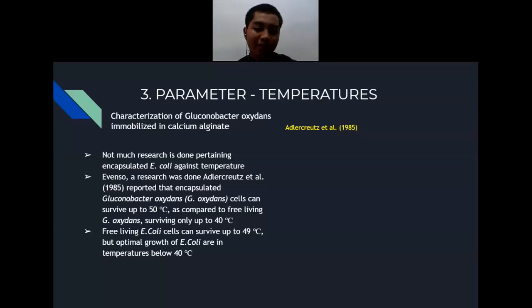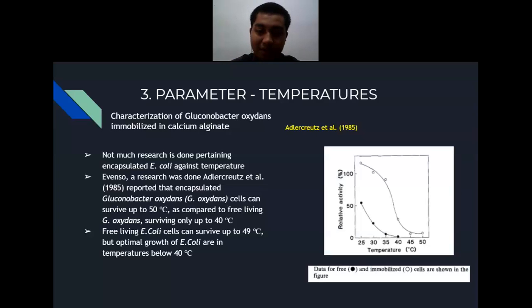E. coli, on the other hand, could survive up to 49 degrees Celsius, but the optimal growth of E. coli would be below 40 degrees Celsius. Hence, I would expect the trend shown by encapsulated G. oxydans cells would be shown by encapsulated E. coli cells during my research.